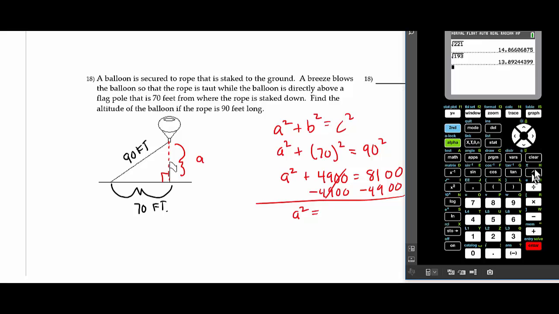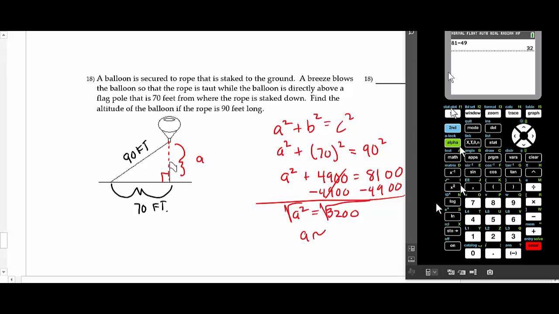So let's see what we have here. So 8,100 minus 4,900. I'm being lazy. What's 81 minus 49? I'm just lazy today. So 3,200. Now we do the square root of both sides.